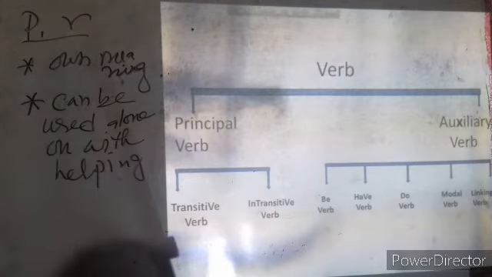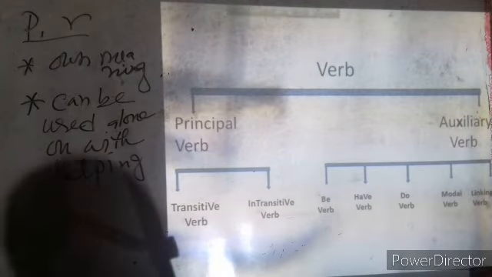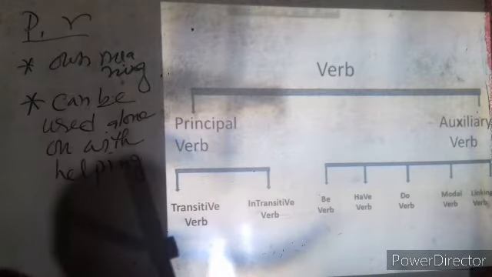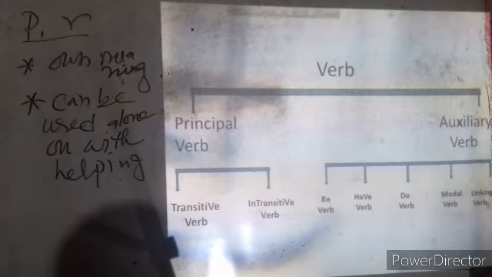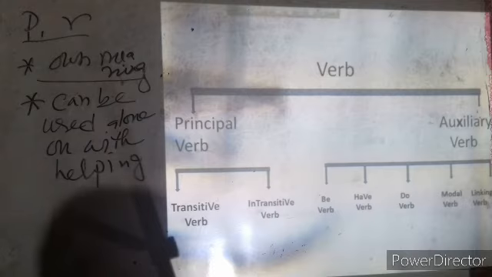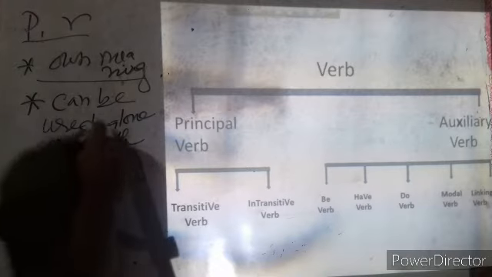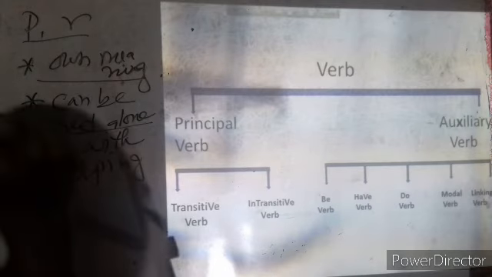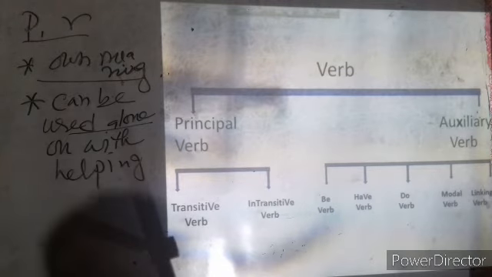My dear student, probably you have got the idea what is principal verb. Principal verb, its another name is main verb, and there are two characteristics of principal verb. First of all, it has own meaning, and second, it can be used alone and with auxiliary verb or helping verb.